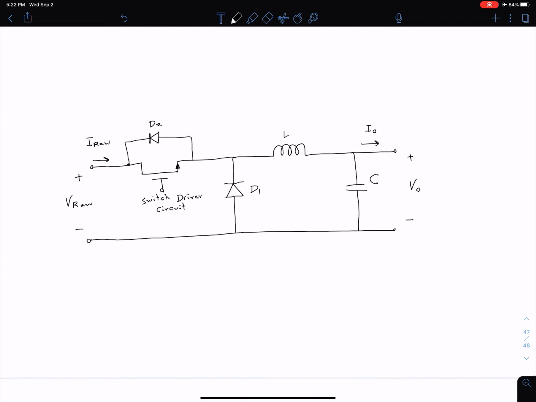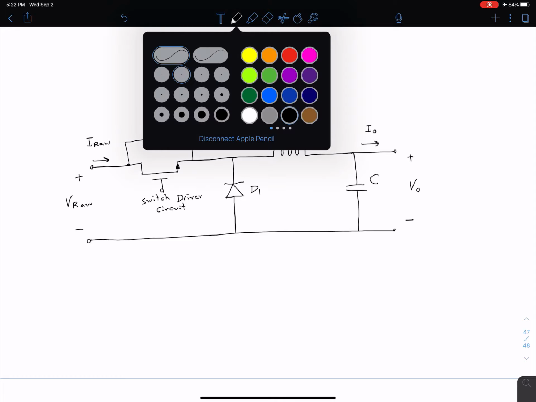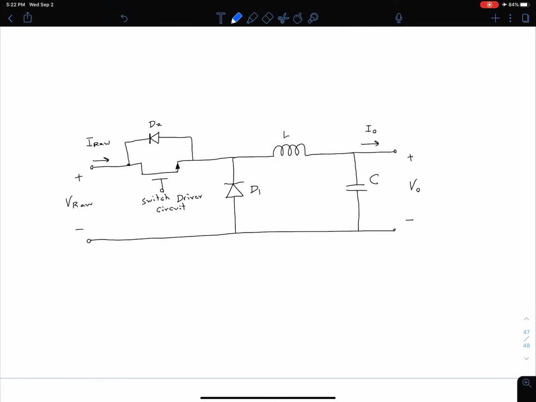So if we look at this circuit here, this is a modified version of the buck converter that we've seen previously. The only difference is that I've replaced a switch with this MOSFET. And I'll put some specs here in a little bit.